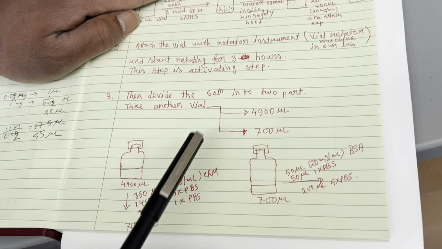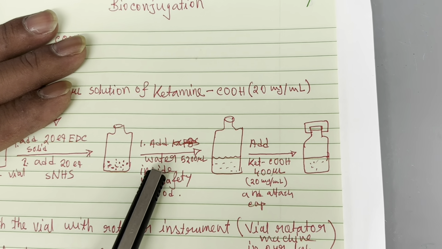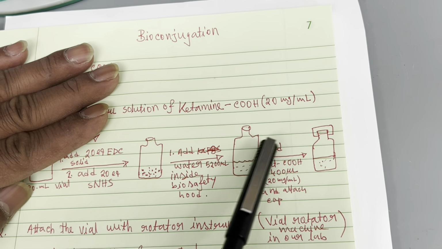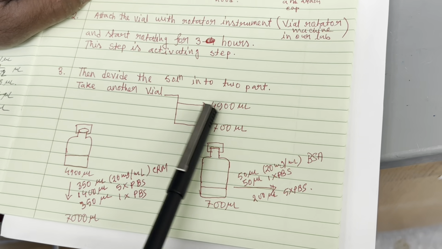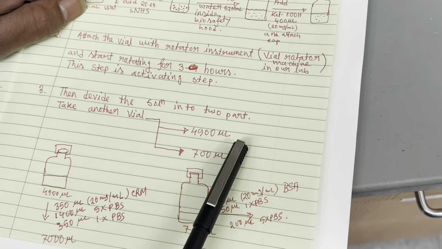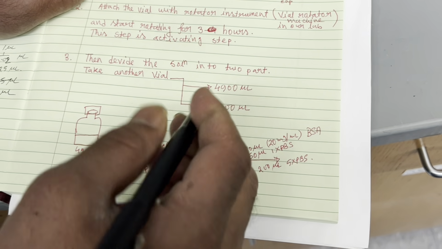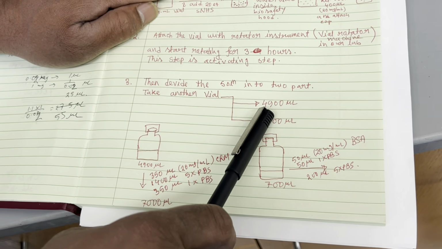But since we are dealing with the 5600, 5200 microliter water and 400 microliter acid solution, that 5600 will be divided into two: 4900 microliter of this, and another 700 microliter. That 4900 will have 7 times 7, 49, right?